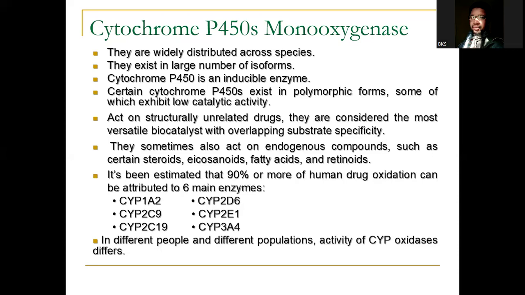The next thing is that this set of enzymes have overlapping substrate specificity. This in particular explains why this enzyme can actually metabolize thousands of compounds. You don't know where the compound will come from. Some of them are from food industries, some from pharmaceutical industries, some from chemical industries.